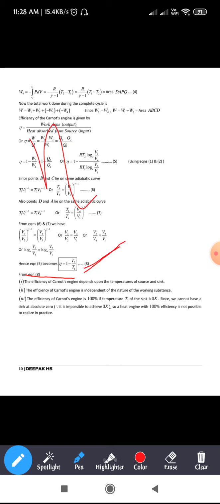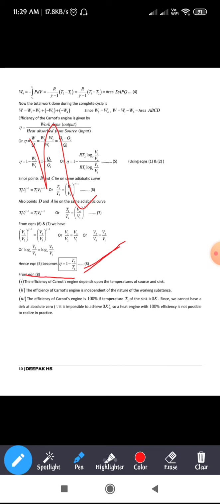What does it mean? It means that when the Carnot cycle is working, whatever amount of heat is absorbed from the source, that entire heat should be converted into mechanical work. But this cannot happen. When the Carnot cycle works, when the heat is absorbed from the source, only some amount of heat is converted into mechanical work, by rejecting some amount of heat to the sink.